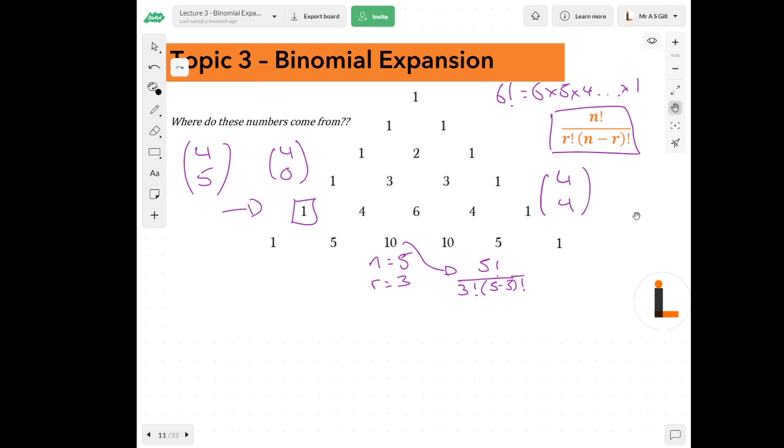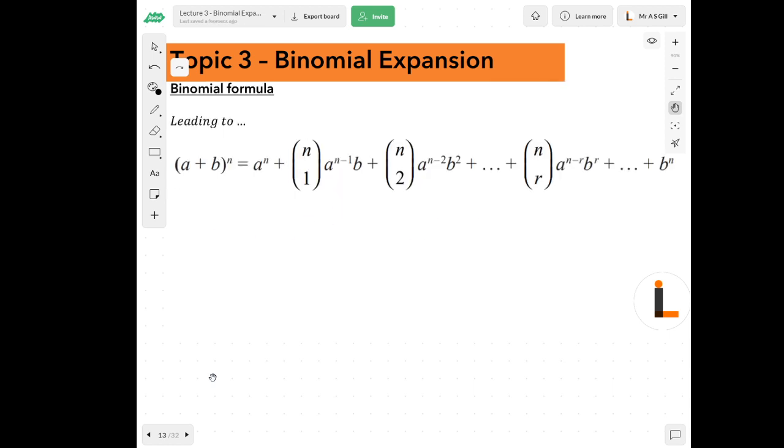So the bottom part of our choose function can never be greater than the top part, even though there are more than one more position than the number of rows. So in the 4th row, there's 5 positions. In the 5th row, there's 6 positions. In the 20th row, there'll be 21 positions, and so on and so on. So we just have to make sure we're aware of that, okay?